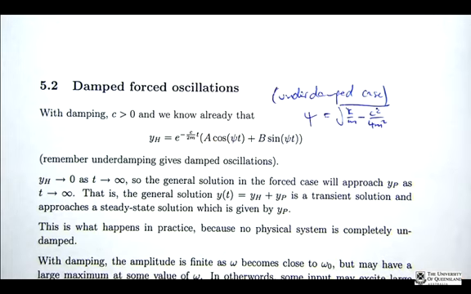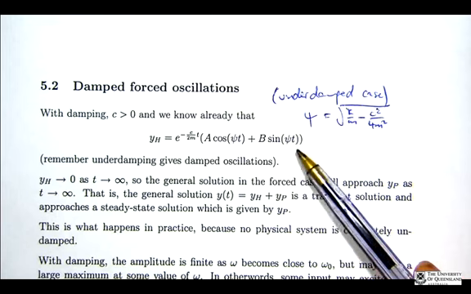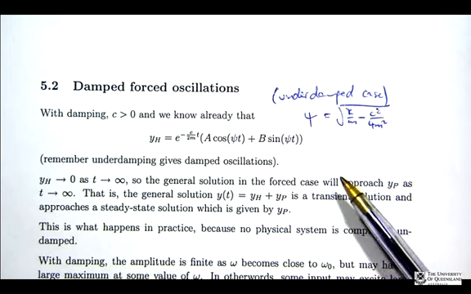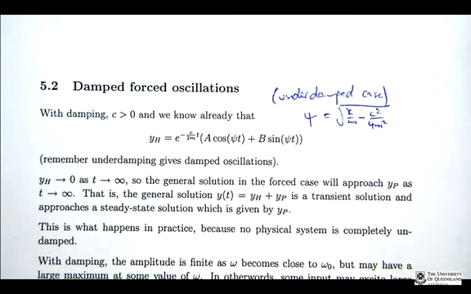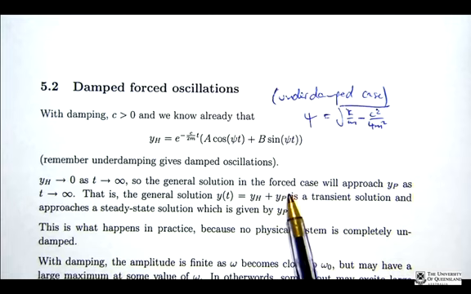In fact, we can see that the y_h in this case, the homogeneous part of the general solution, goes to 0 as t increases. So as it says in the text here, the general solution in the underdamped case will actually approach the particular solution as t goes to infinity.